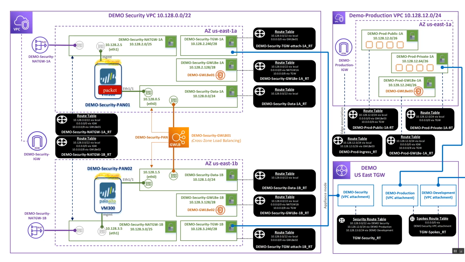Now, the gateway load balancer is going to forward the packet to the Palo Alto on the directly connected subnet, right? Because it has an ENI that's on the same subnet, the security data subnet. And that communication is going to be actually Geneva encapsulated, right? So the gateway load balancer is going to forward the packet to the Palo Alto in encapsulated format, okay?